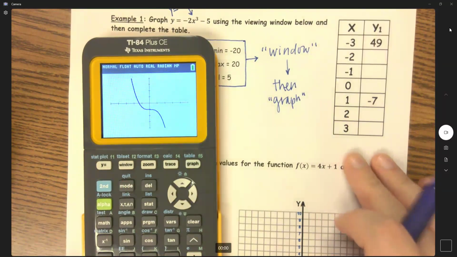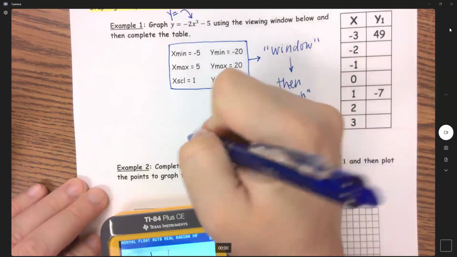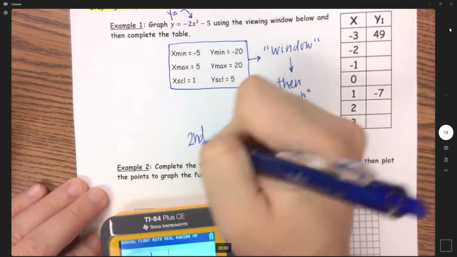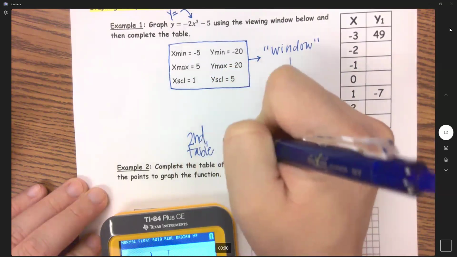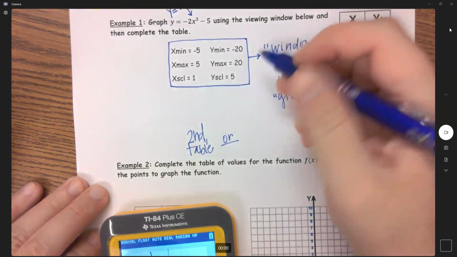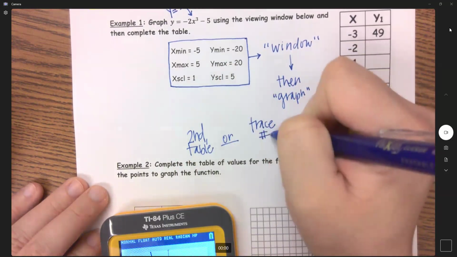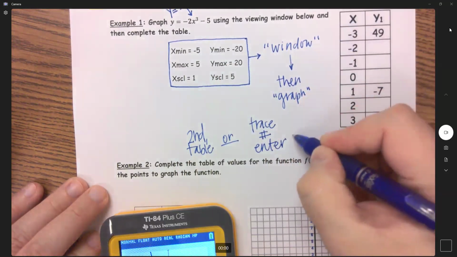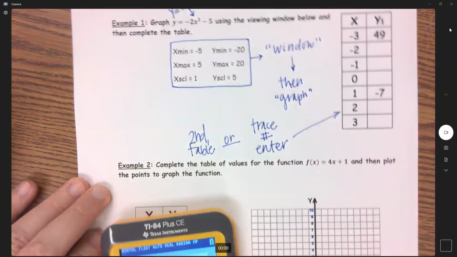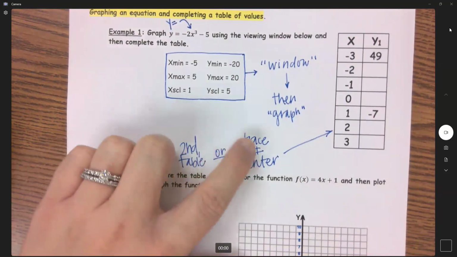You can do this one of two ways. You can either hit second, then table, or you can do trace, and then the number, and then enter to complete this. So either second table or trace the number and then enter.